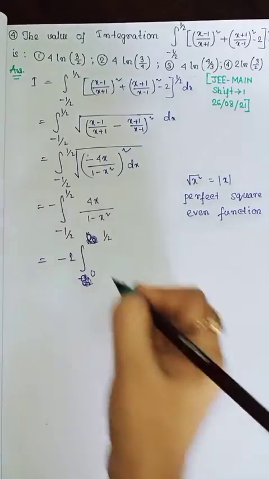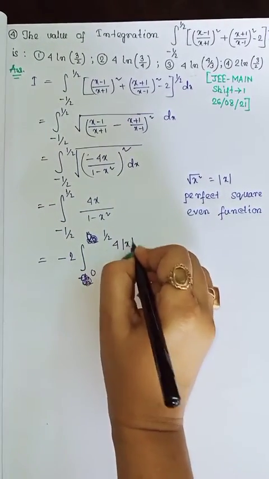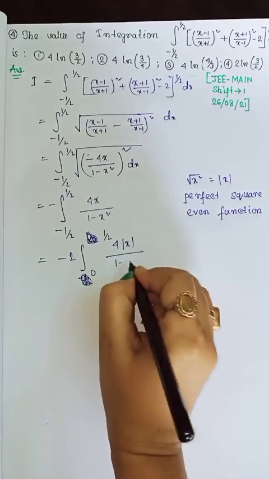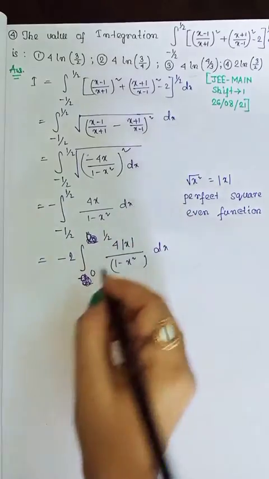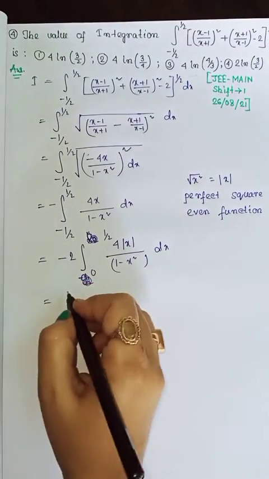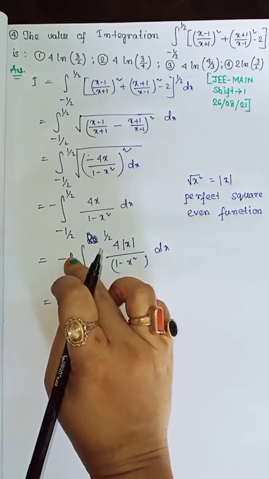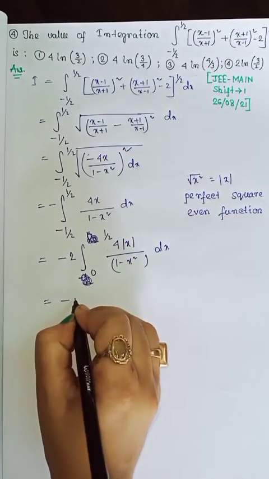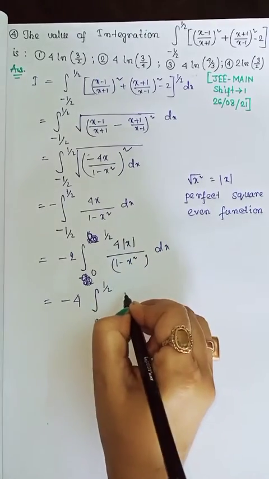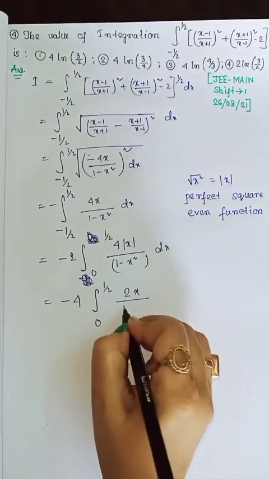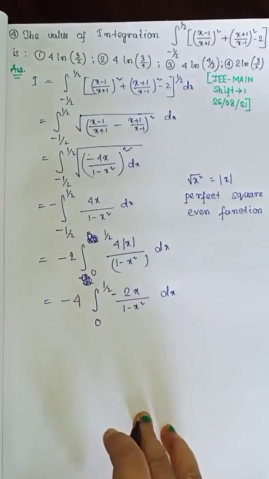Here 2 comes out of this, so now taking mod, it is 1 minus x square dx. Interchanging the limits, here we get 0 to half of twice x divided by 1 minus x square dx. So 1 minus is here.